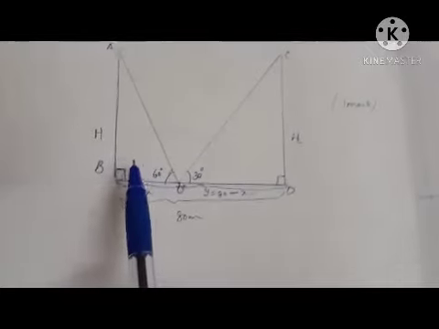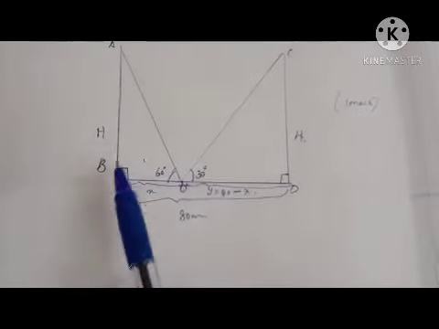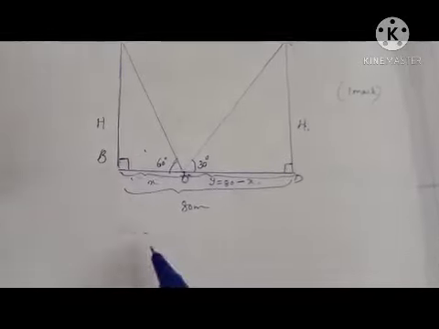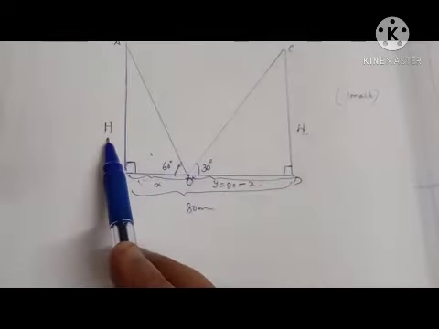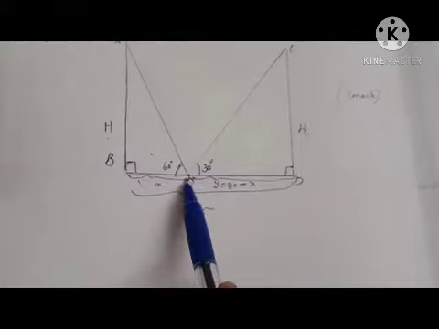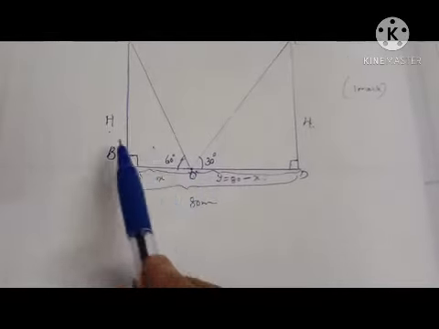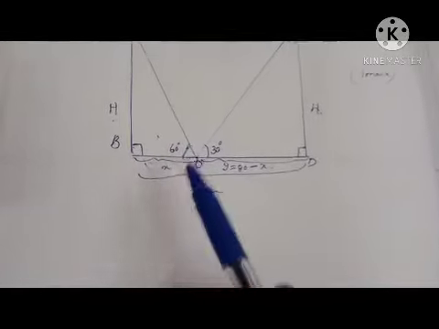First I consider triangle ABO, a right triangle. This angle is 60 degrees. The opposite side is H and the adjacent side is X. So what is the relation between H and X? That is tan 60.